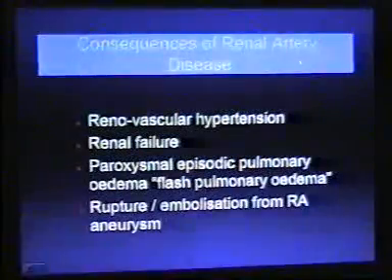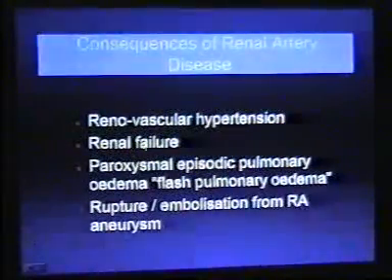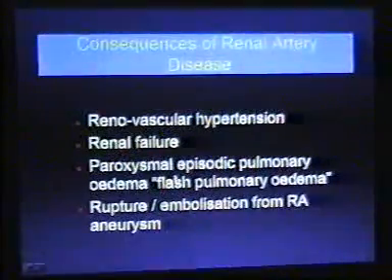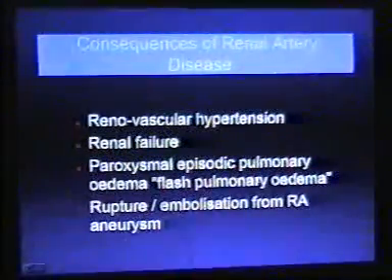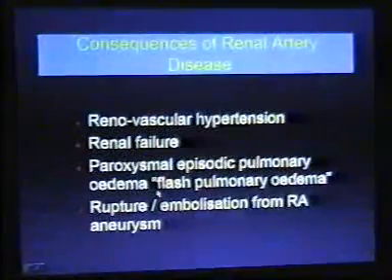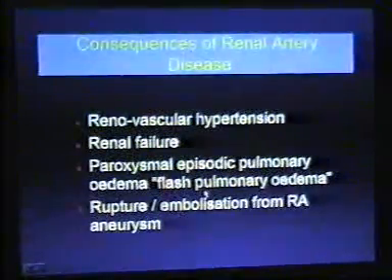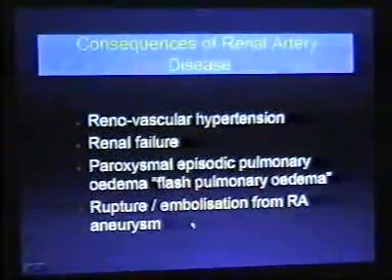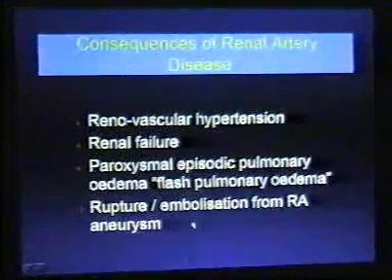So the consequence of renal artery disease includes renovascular hypertension, renal failure, episodic pulmonary edema, which is called flash pulmonary edema, rupture or embolization from renal artery aneurysm.